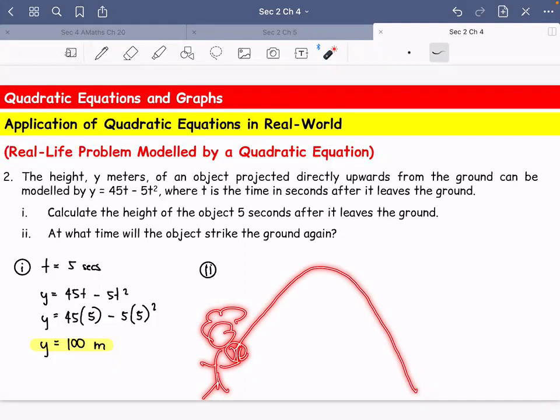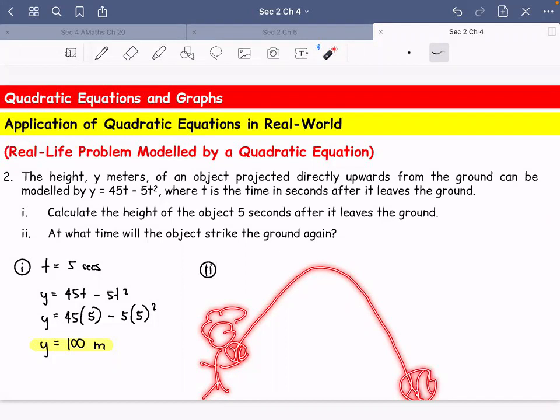Think of this: when you touch the ground, is there any height? Is there any height of the object? Yes or no? When the ball is on the ground, is there any height projected?